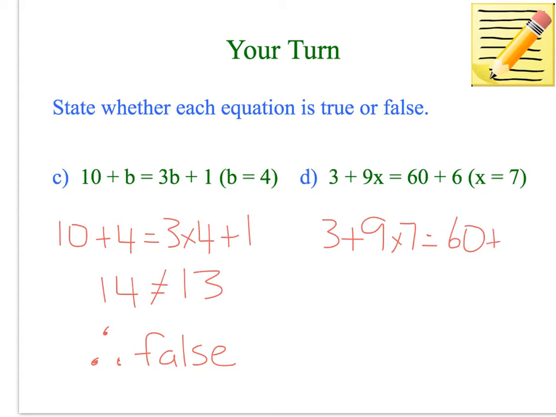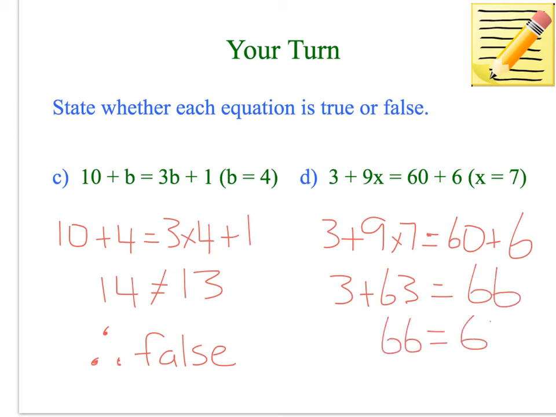Okay, so using BOMDAS, we need to make sure that we do multiplication first, so don't forget BOMDAS. 7 9s are 63, so it'll be 3 plus 63 equals, well, we can work that out as 66, therefore 66 does equal 66. So this one, as you've probably guessed, and you've probably worked out, is true.